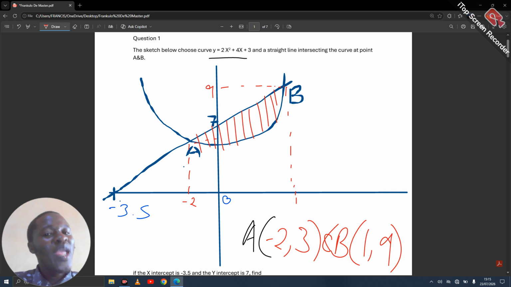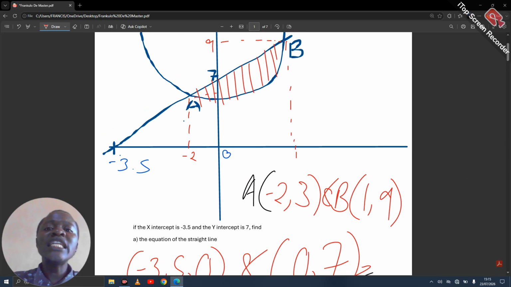So we are integrating after getting the difference, and we are only getting the area of the shaded part only. After getting the difference, we are integrating from -2 to +1, dx.